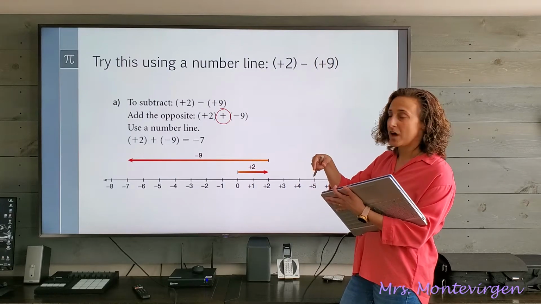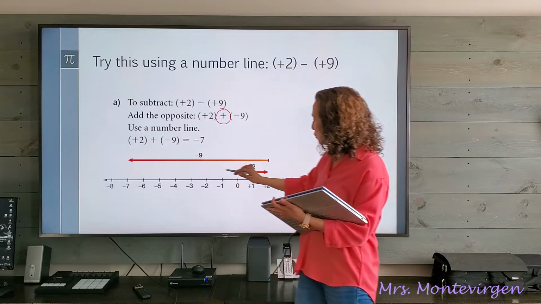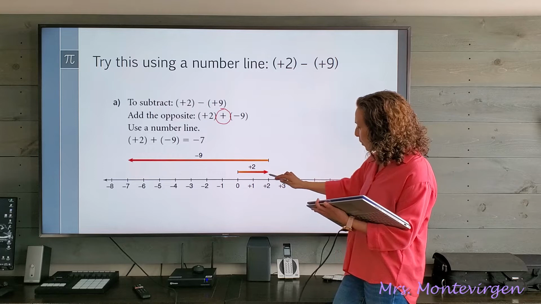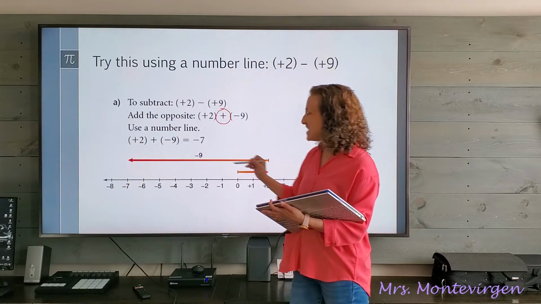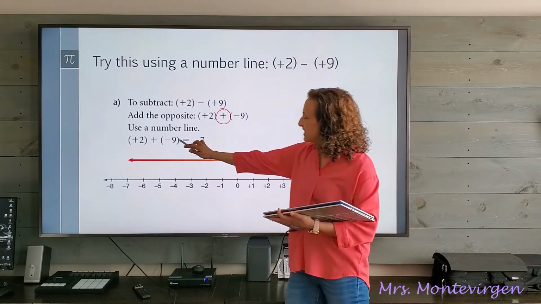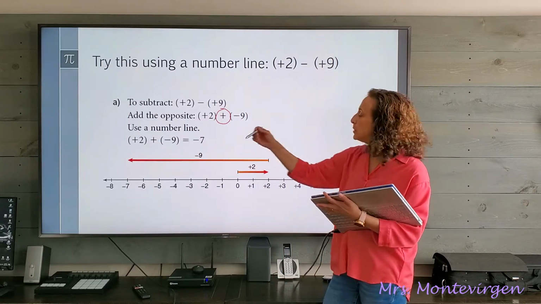And now I'm going to show that on the number line. So I'm going to take that positive 2. I start at 0 and I'm going to go over to the 2. And now I need to show a negative 9 on the number line. So I'm going to start at 2. And remember, negative territory, I have to head down my scale. I've got to go below 0.